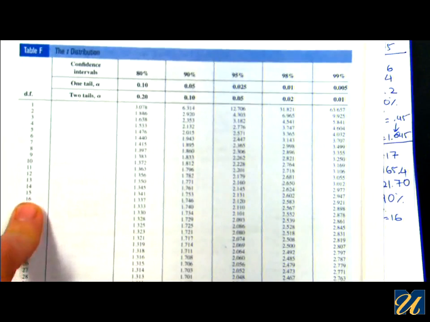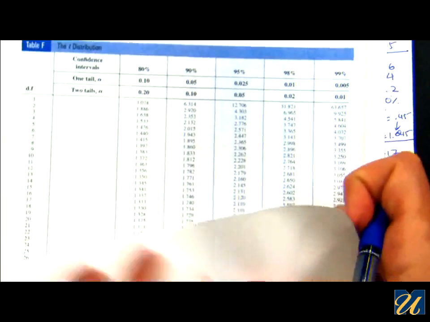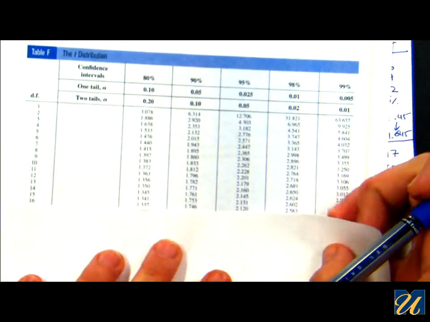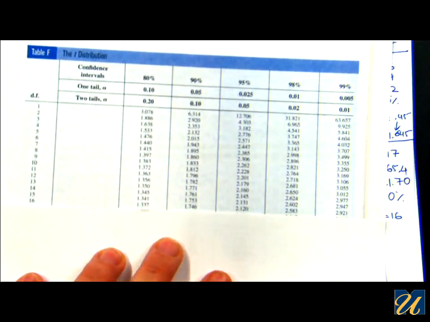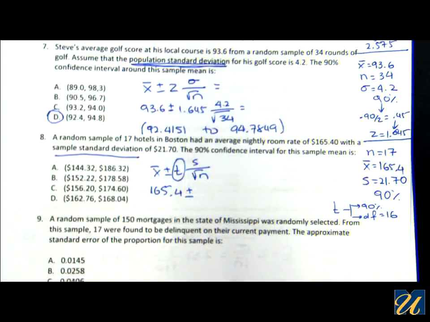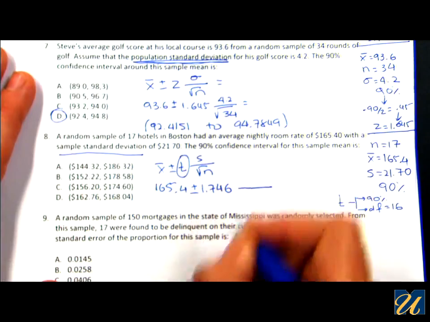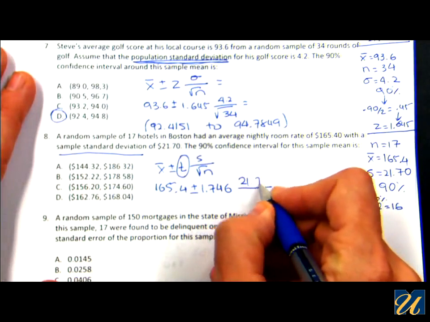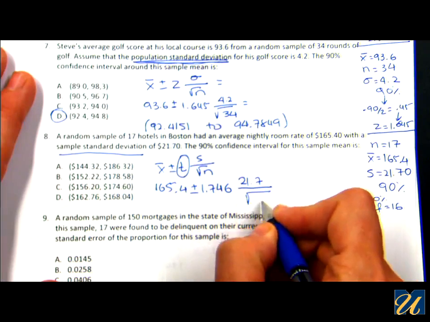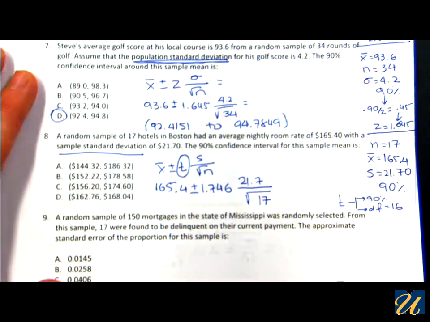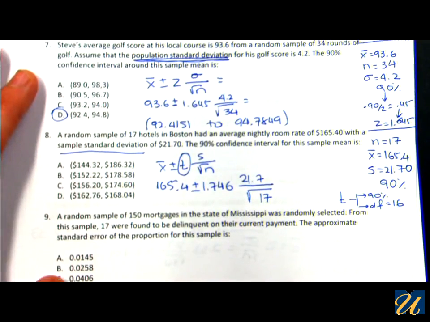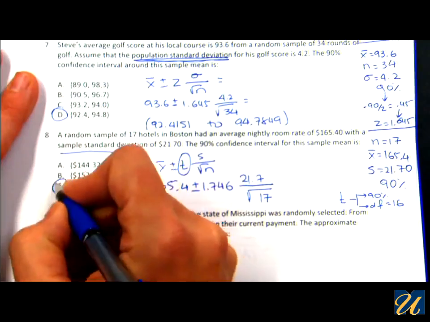Wherever these two values meet, this will be your t value, 1.746. 1.746 times 21.7 divided by square root of 17. If you do your calculations correctly, you will see that the correct answer will be C.